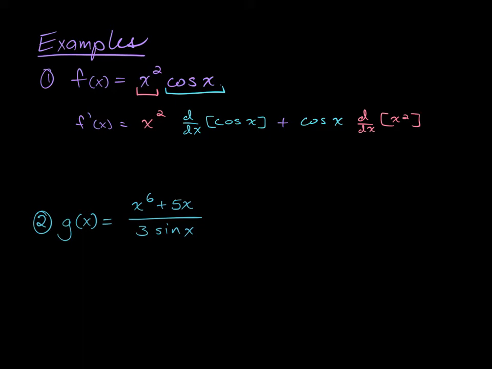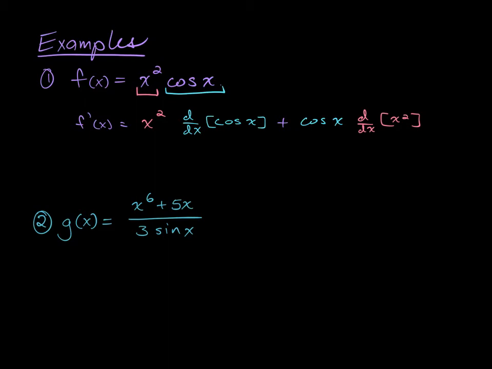So here we go. This is not even calculus yet. We haven't taken any derivatives. The first step is to just get everything set up. So first, which is x squared times the derivative of the second, cosine x, plus the second times the derivative of the first.